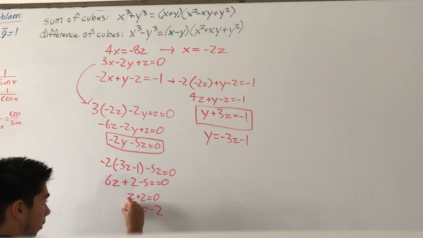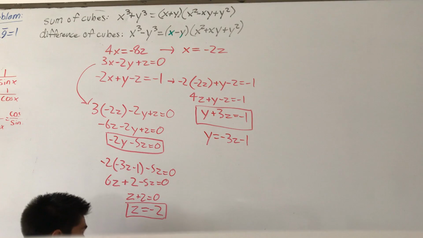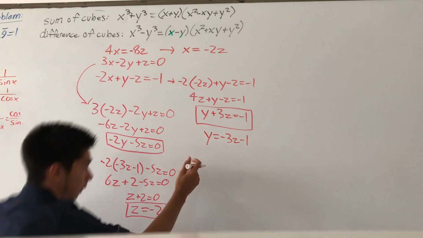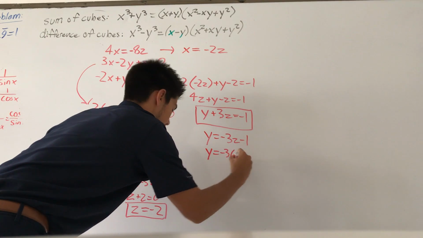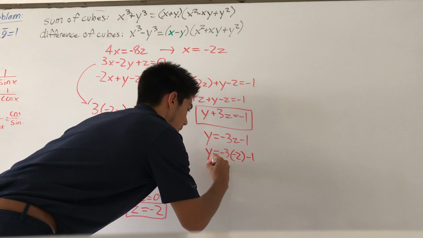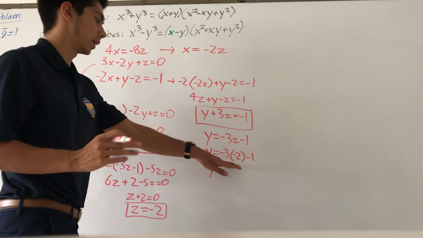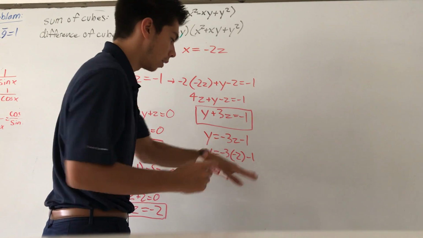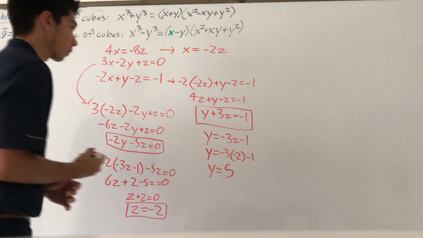From here on out, I have z equals negative 2. I'm going to bring this back to this equation because I've already solved for y in terms of z. So I'm going to plug this z value in. So y equals negative 3 times a negative 2 minus 1. If we simplify that, negative 3 times negative 2 is positive 6, minus 1 is 5, so y equals 5.